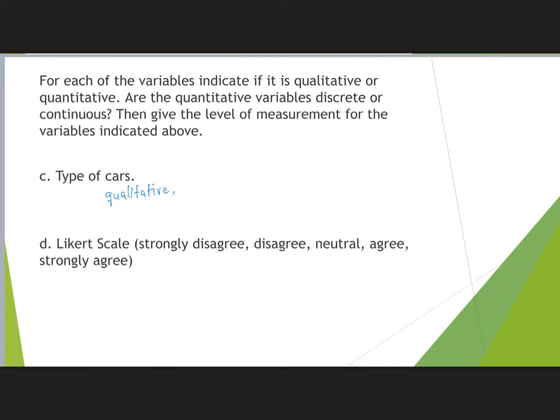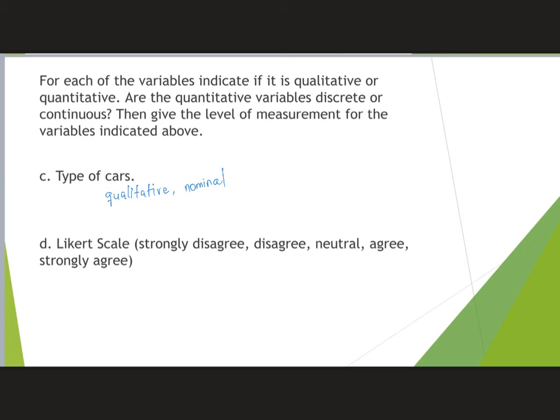Whenever a variable is qualitative, that variable cannot be discrete or continuous. Discrete or continuous only applies to a quantitative variable. So now we move on to the level of measurement. In this case, the level of measurement is nominal. It is nominal because there is no order associated with this variable.